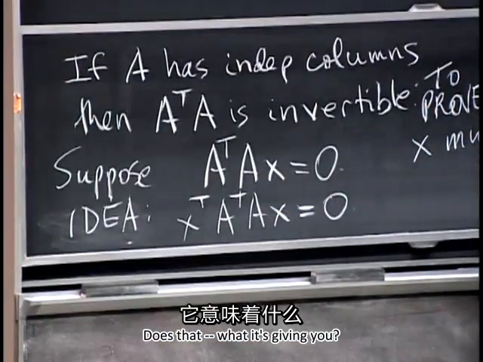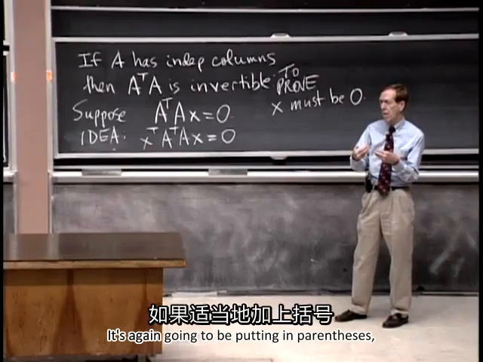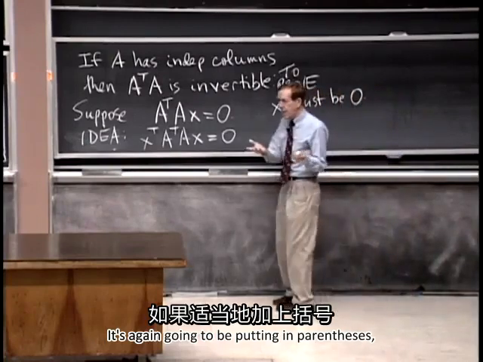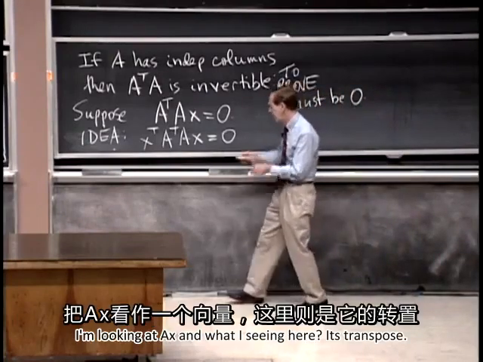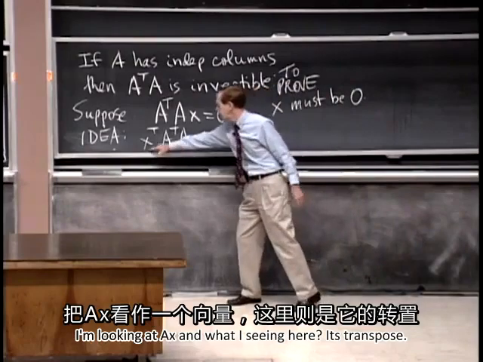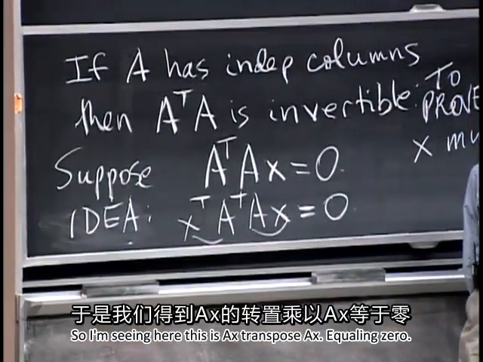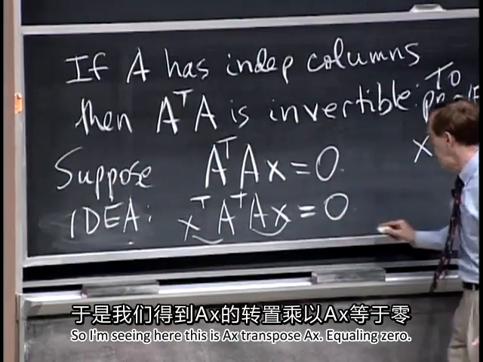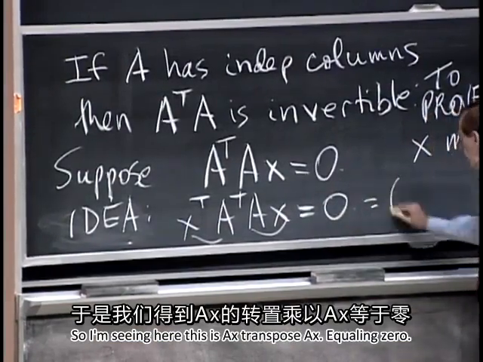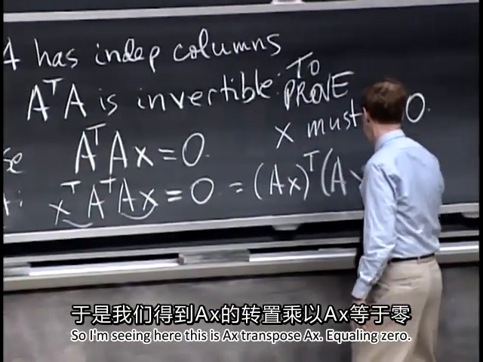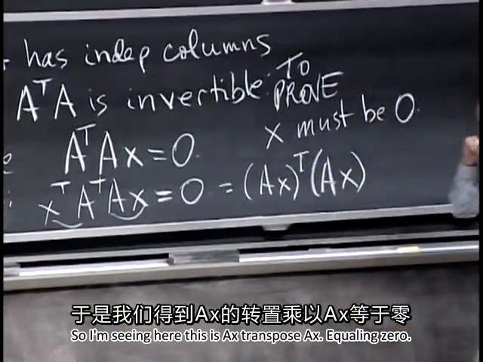Do you see what it's giving you? It's again going to be putting in parentheses. I'm looking at Ax, and what am I seeing here? It's transpose. So this is Ax transpose Ax, equaling 0.